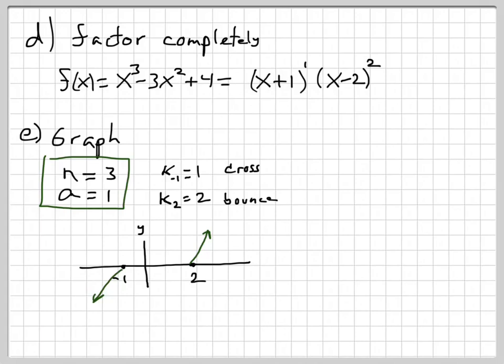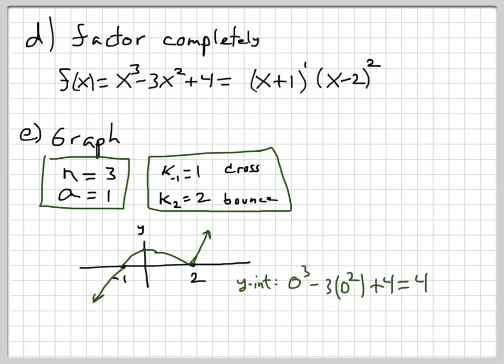Now, what happens in the middle? For that, I will use the k values. And so at the x-intercept of -1, it crosses. But at the x-intercept of 2, it bounces. Now, to have a more precise graph, I'm going to see what the y-intercept is.